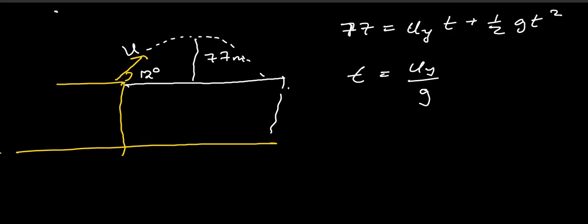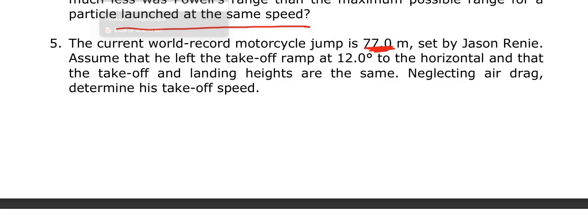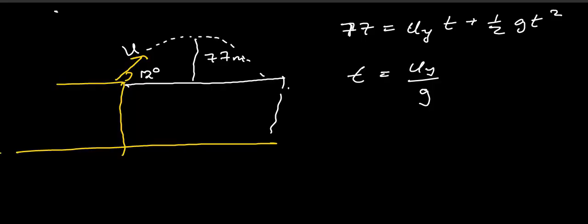So which other formula are we going to need here? Because they are saying there's no range given. They're just saying the height to the horizontal at takeoff is this. So what do we do here? What's the first thing that we do?